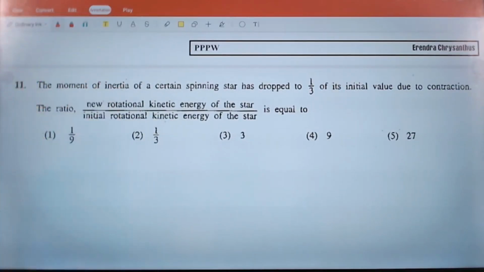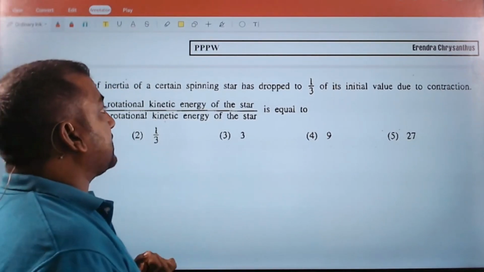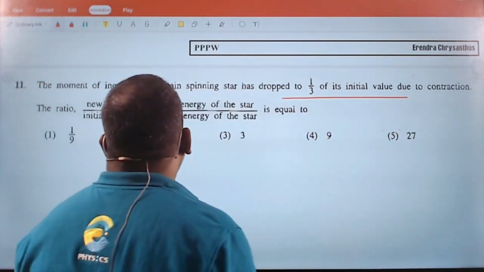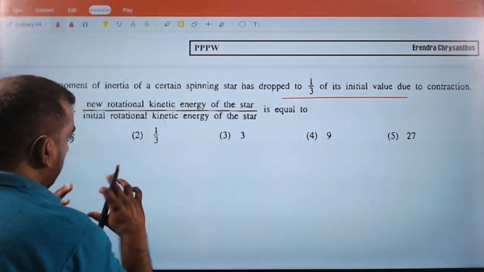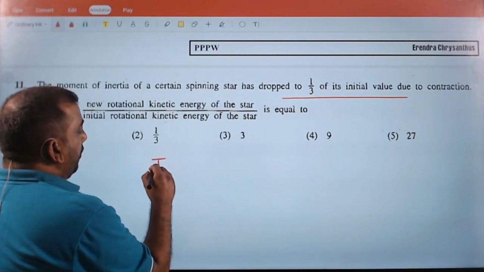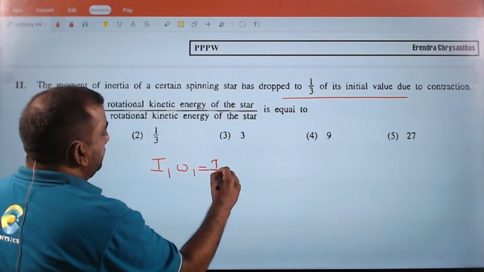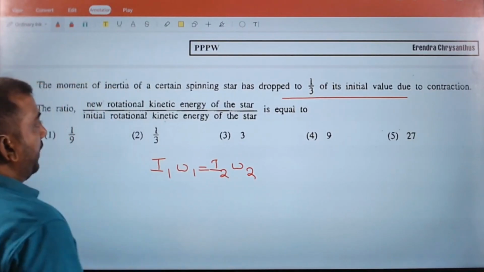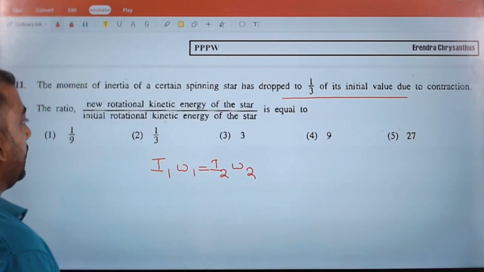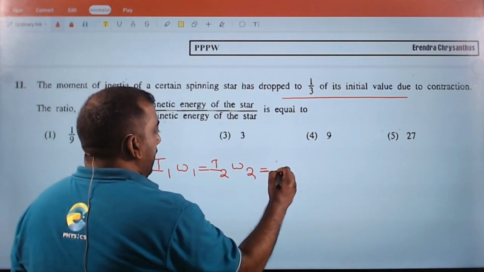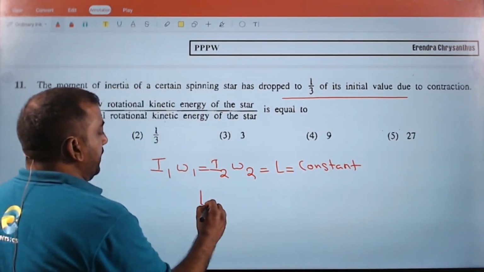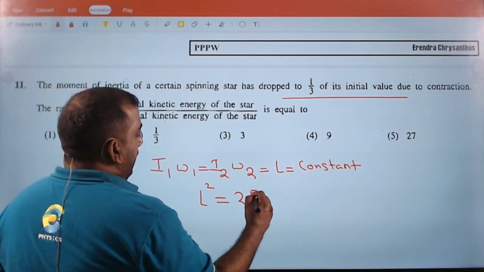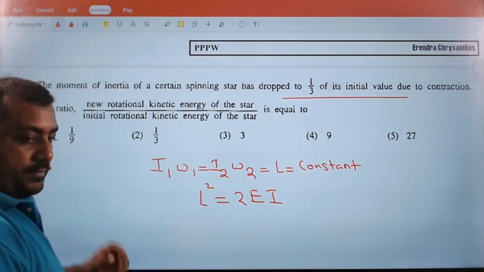MCQ 11. The moment of inertia of a spinning star is dropped to 1/3 of the initial value. The ratio of the new kinetic energy. Now think. Rotation in the universe takes place upon the law of conservation of angular momentum. So L is constant. The relationship between angular momentum and kinetic energy is E equals L squared over 2I.